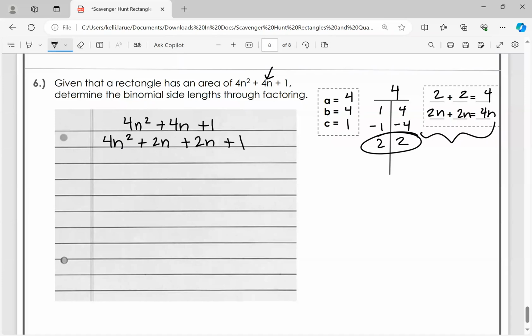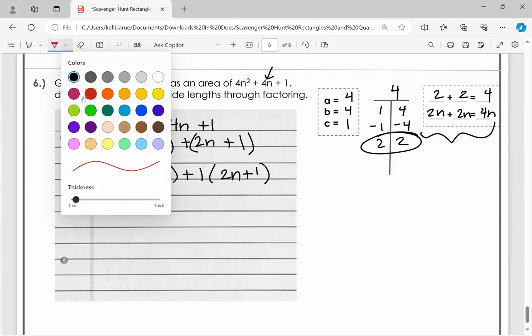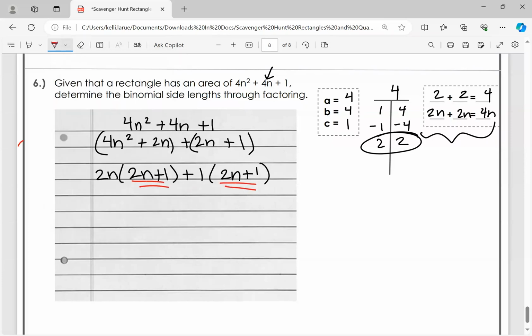We're going to group our first two terms and our last two terms. We're going to pull out the GCF from each group. For the first group, the greatest common factor is 2n. And for that second group, the greatest common factor is just 1. At this point, if your groups are not the same, you've made a mistake, but our groups are the same. So I'm going to go ahead and factor out that common group.